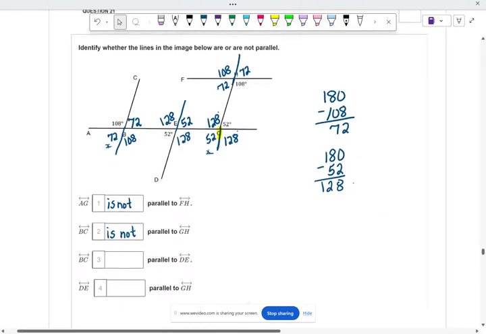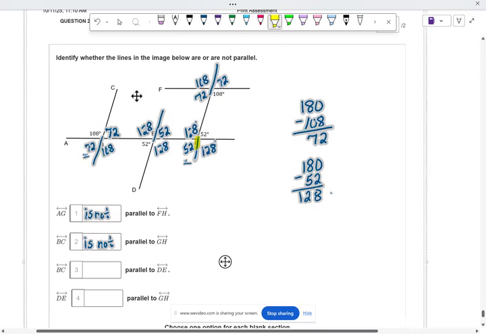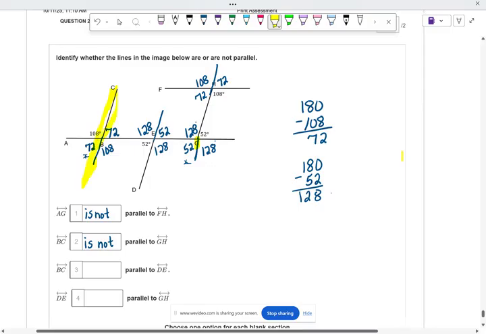Now we want to do BC and DE. See if we can find those. BC is right here. DE is this one right here. Let's see, do they have the same measures? I feel like I just did that one.